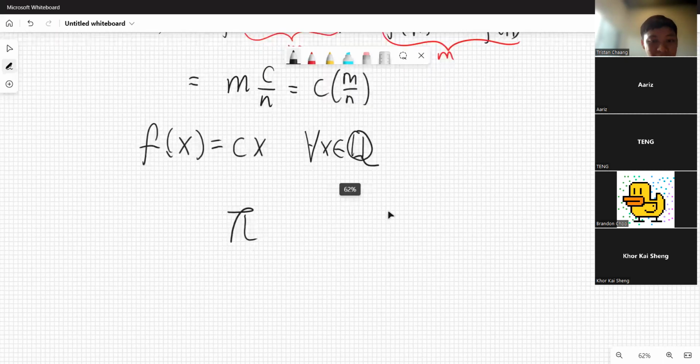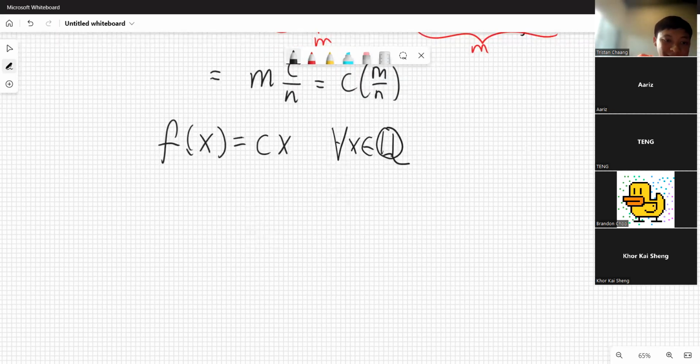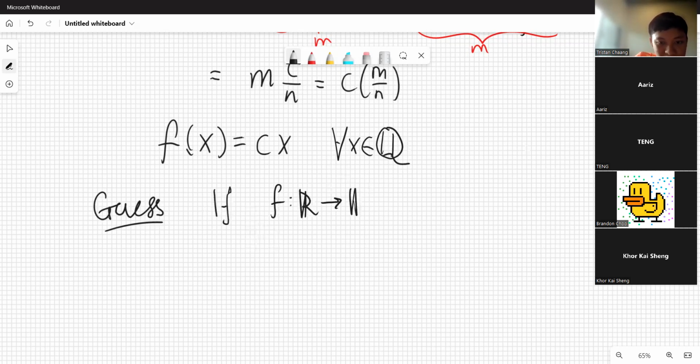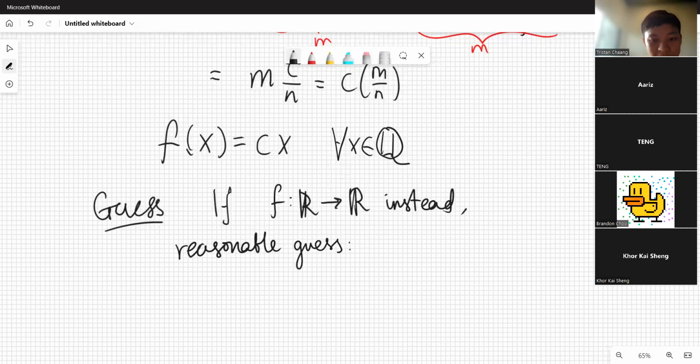So our guess, the very reasonable guess, is that if f is from R to R instead, f(x) equals cx for all x real, and then we say c is a real constant now.